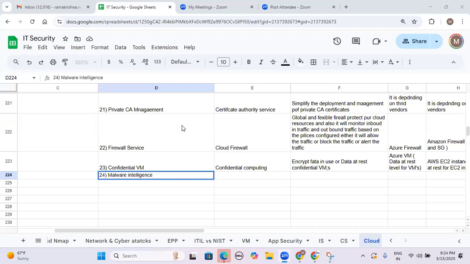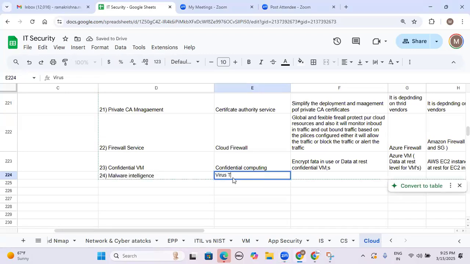Whenever any attacks are happening all over the world, it will automatically go and check the reputation, because we already integrated virustotal.com, and finally it can see whether it is malicious or non-malicious malware. So this one we can call the VirusTotal service, and it will identify the malware category of the attacks.